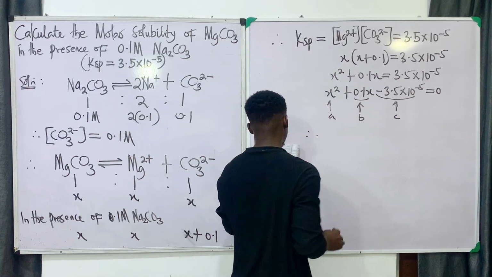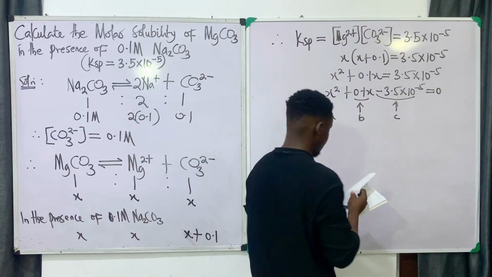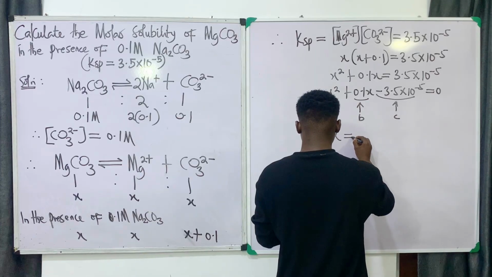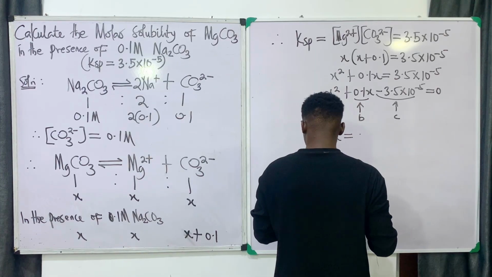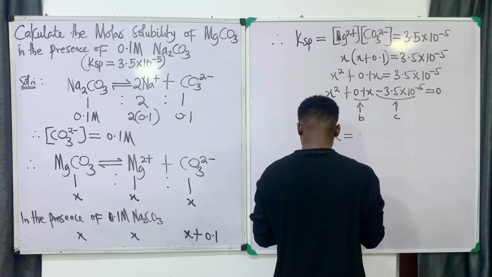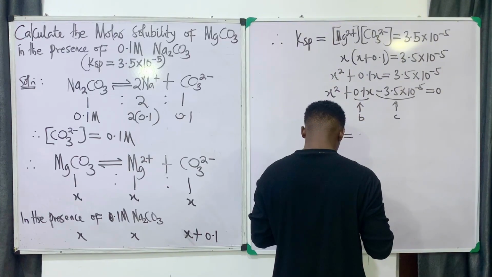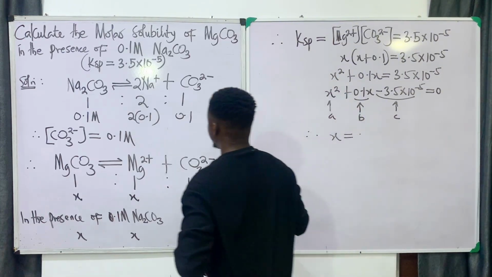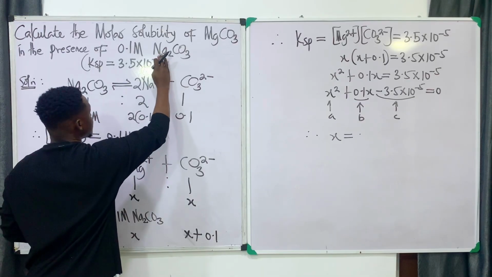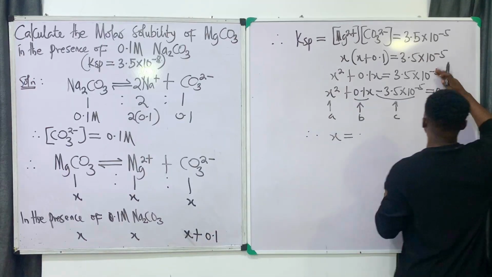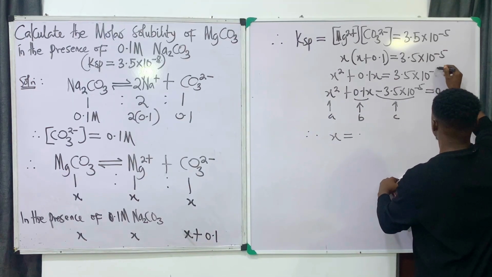So when you now solve the quadratic equation, your X now becomes, please pardon me, this place is not 5, it is raised to the power of minus 8. So here is actually raised to the power of minus 8.